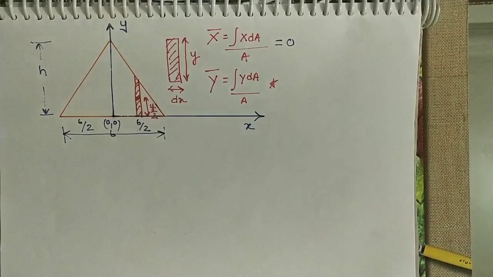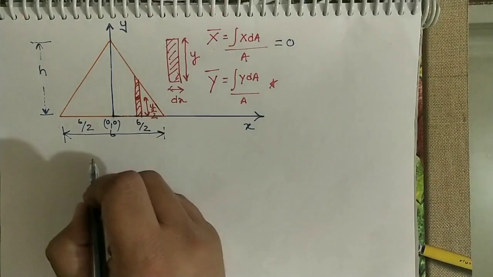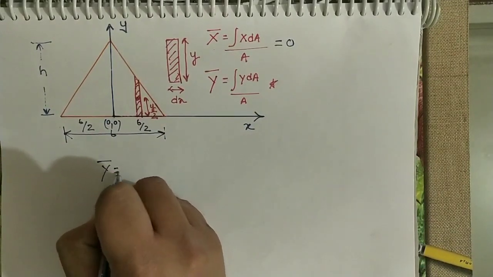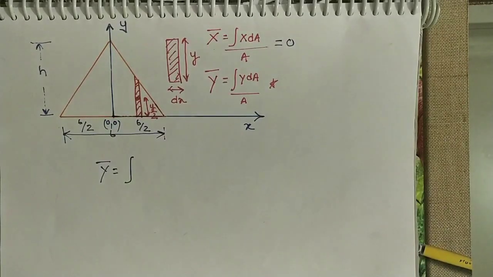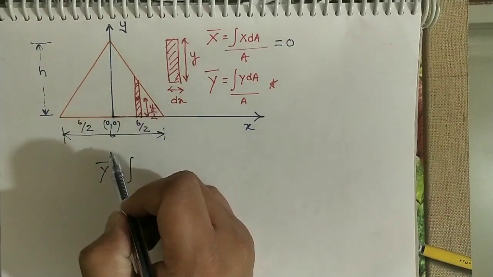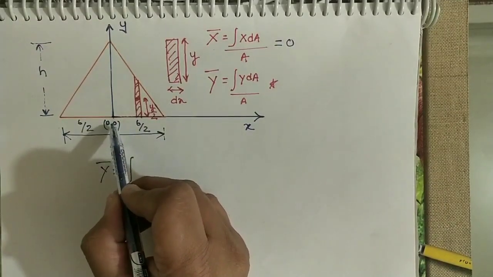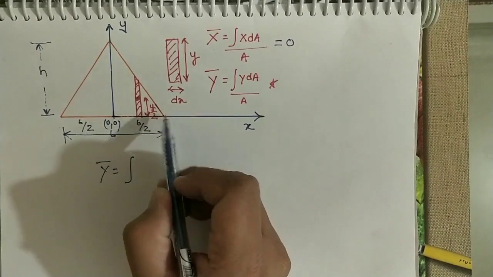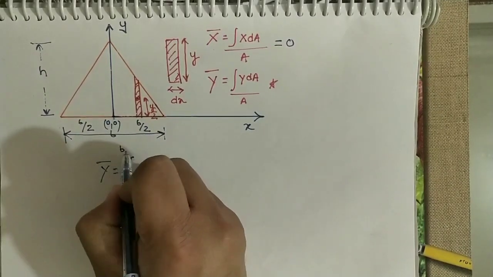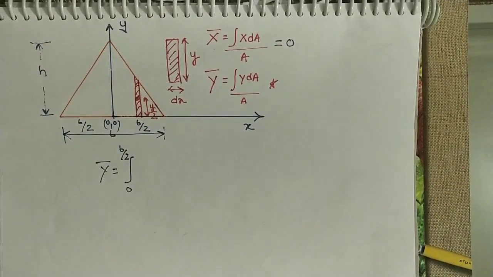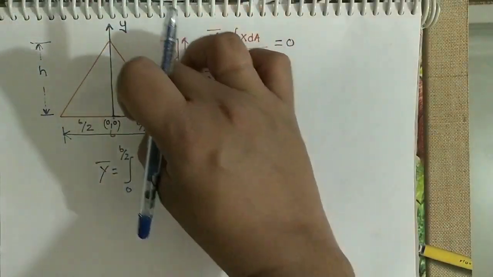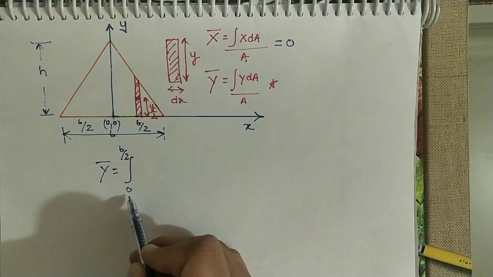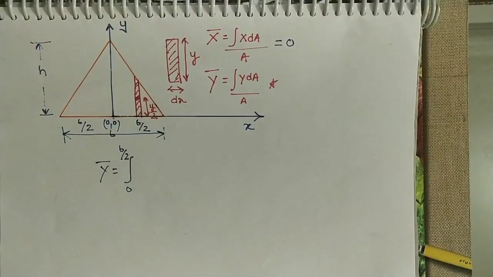So let us find the y coordinate. The y coordinate is the integration. We are going to integrate it from 0 to b by 2. For simplicity of analysis, I am considering this half triangle and I am integrating it from 0 to b by 2.